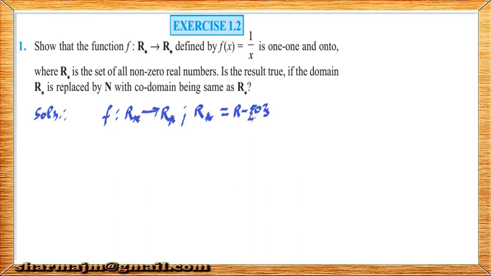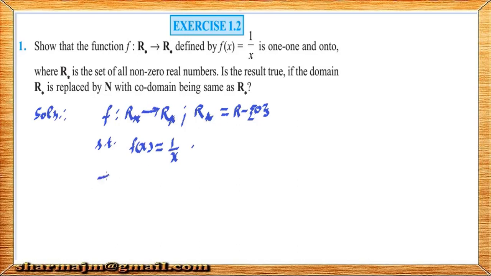And this function is defined as f of x is equal to 1 by x. Now 1 by x is not defined at x equal to 0 because division by 0 is not permitted. Therefore he has taken the domain as the set of real numbers excluding 0.